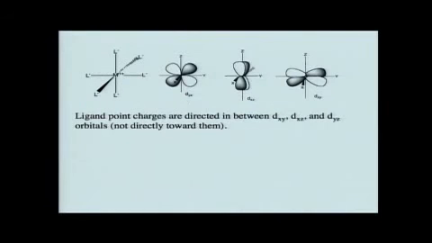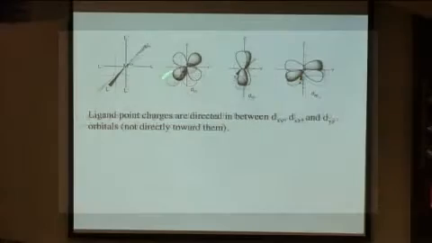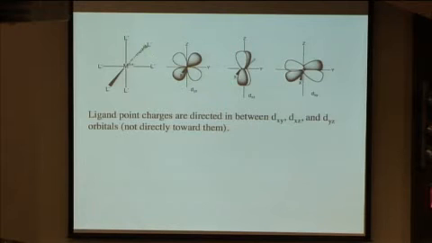So here are our other sets of orbitals, and remember, here the maximum amplitude of these orbitals are 45 degrees off axis, whereas our ligands are all on axis. So the ligand negative charges are directed in between these orbitals, not directly toward them.